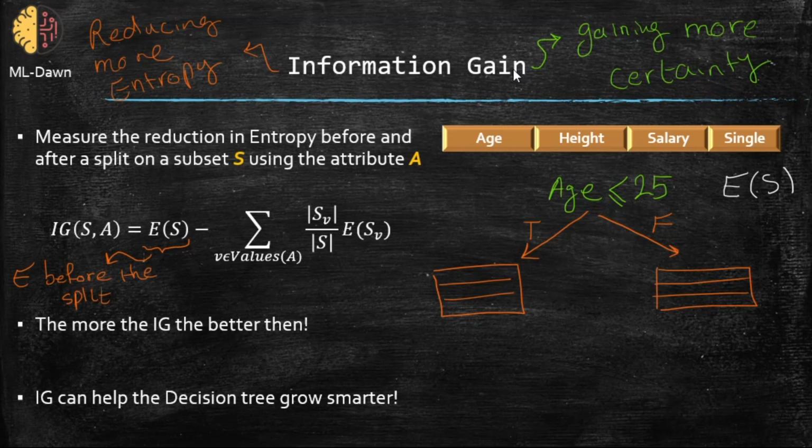So we compute the entropy here, let's call it E of S1, S1 being this little subset over here, and this one would be E of S2. And then we sum this up together, and that is the sigma that you see in the formula.